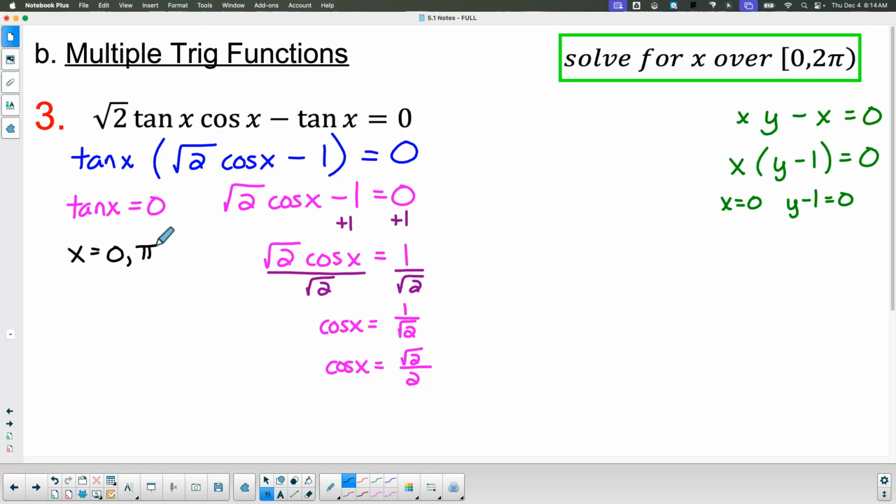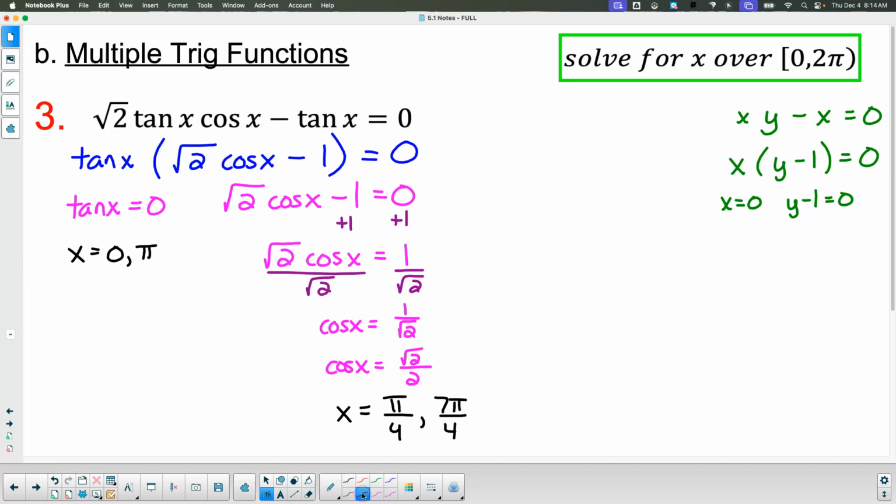Cosine is square root of 2 over 2. Where? Pi over 4. Anywhere else? 7 pi over 4.